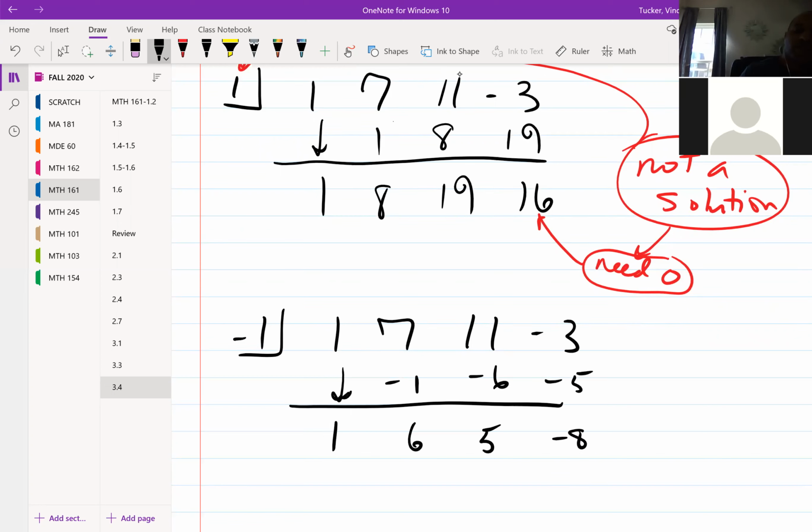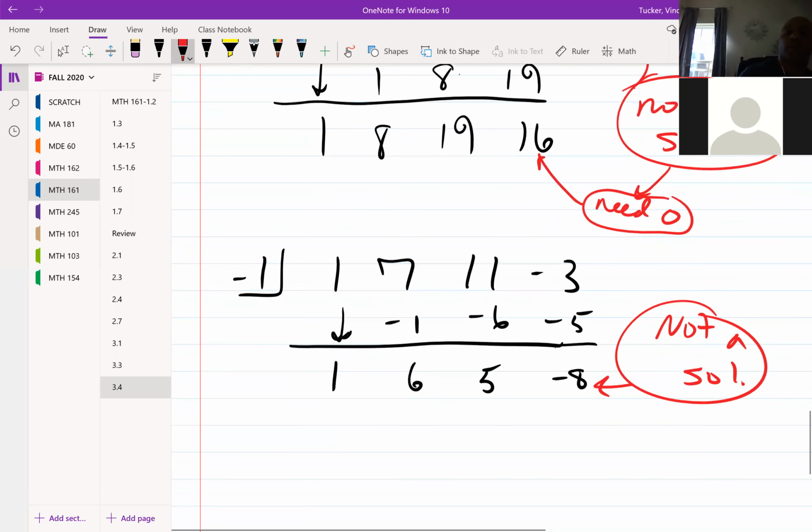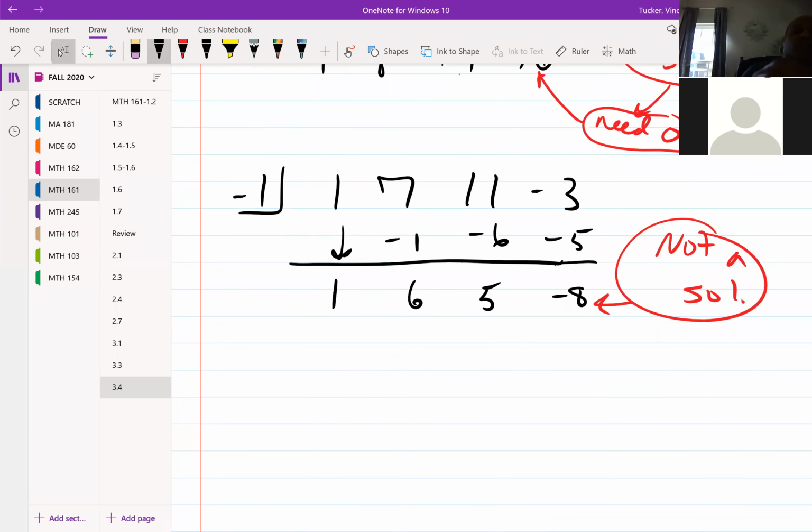So that gives us a -8. So once again, not a solution. And that's why I said that this process can be a little time consuming if you have a whole bunch of solution options. But if you only have 4 options, it's not that big of a deal.